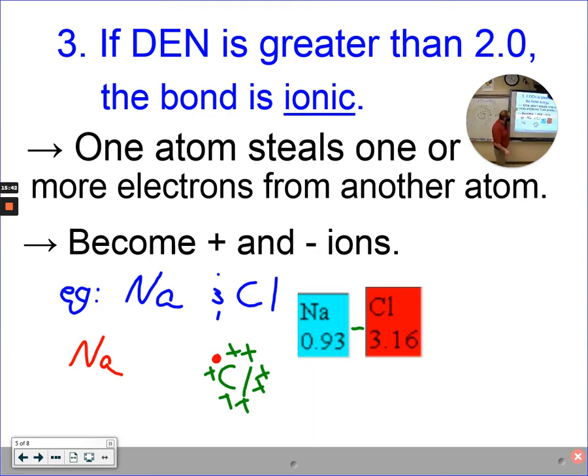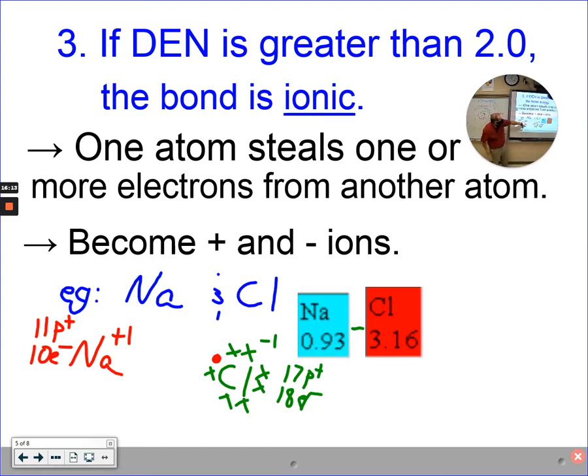Now, what that means is that he now has, if he's sodium, 11 protons, and he only has 10 electrons. So now, he has a charge of +1. Okay? Chlorine, because she has 17 protons, and now she has 18 electrons. She now has a charge of -1.